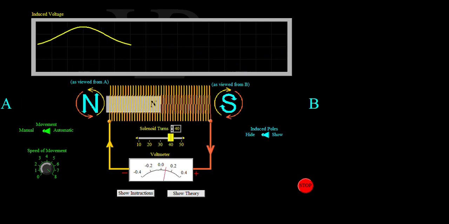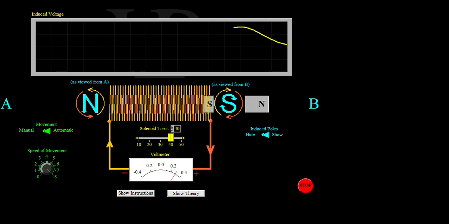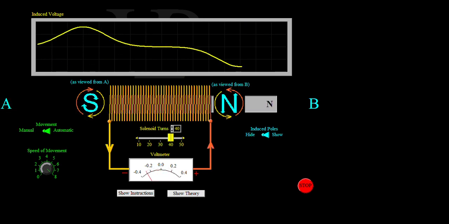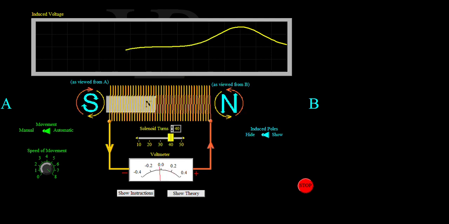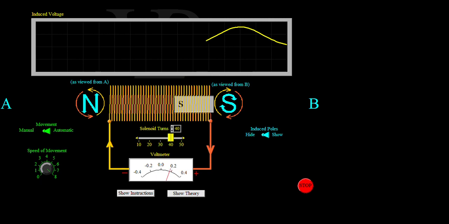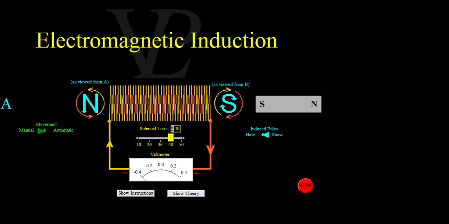So what you have here is the induced potential difference is being induced in such a way as the current which flows tries to stop the change causing it. So the change that's causing it is, in this case, the south pole coming in towards the solenoid or coil. So this end becomes a south pole trying to push it out.